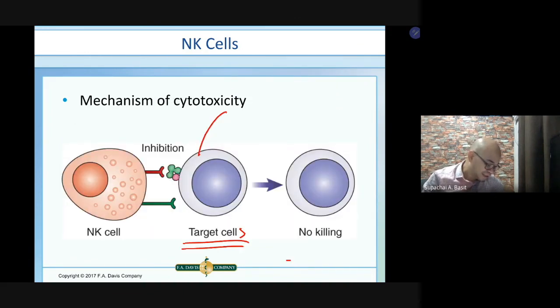The natural killer cells can actually kill target cells, except if the target cells have an inhibition mechanism. In this case, there's no killing.